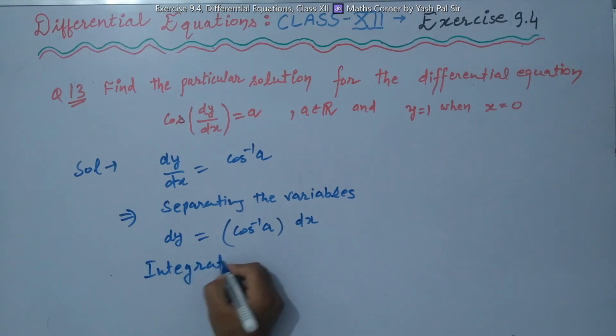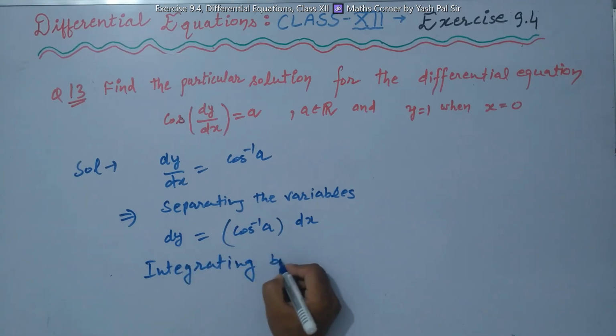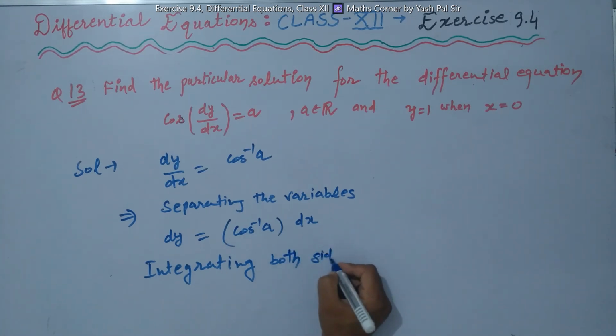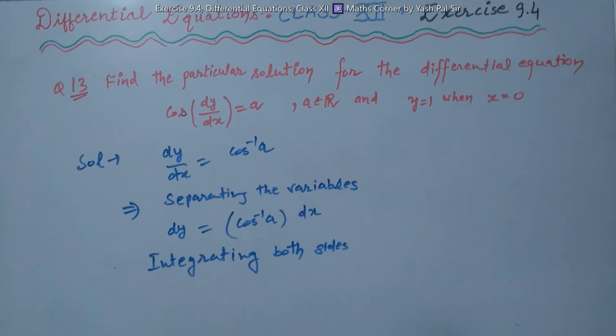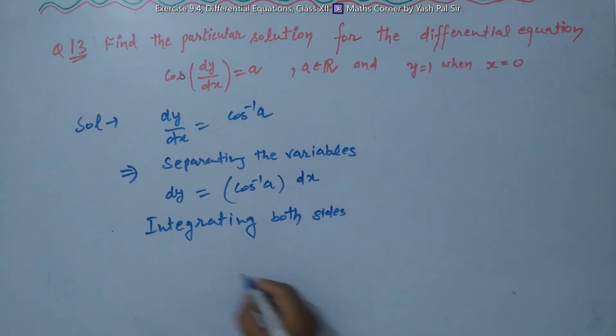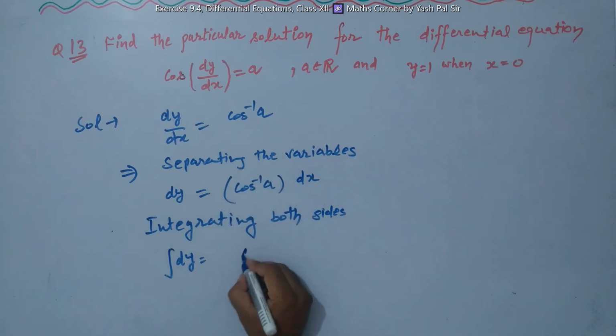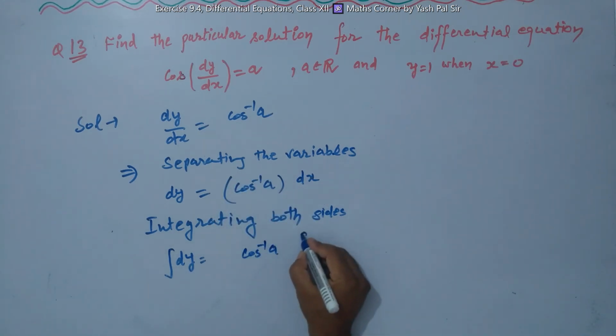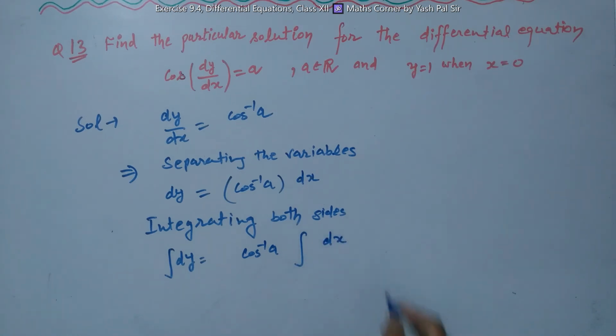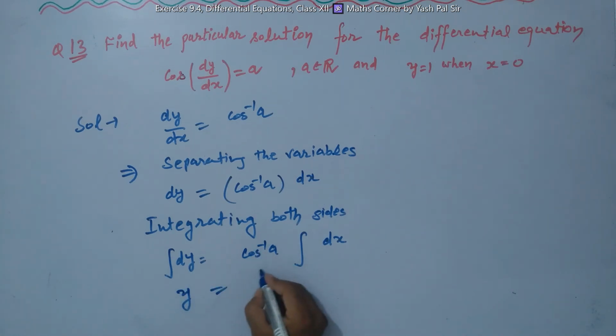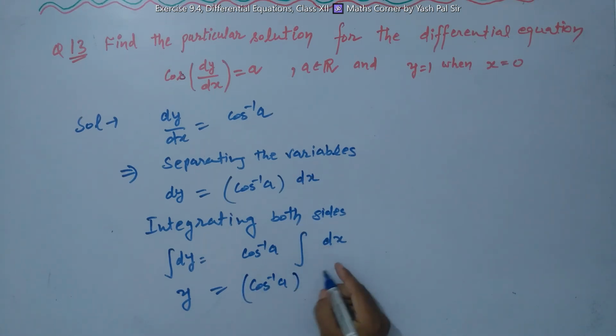We have integration of dy is equal to, because this is purely constant, we can write this outside the sign of integration, so dx is only left. Now its integration is y, and this constant is written as it is, cos inverse of a, into integration of dx, which is x plus c, the constant of integration. So this is the general solution.